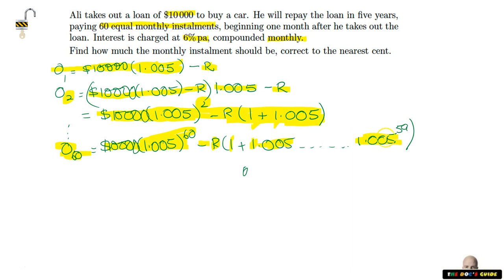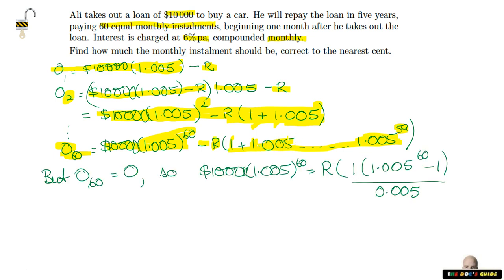This represents our first repayment, which has been effectively attracting interest for 59 months, 59 periods. So what this represents in here is the sum of a GP with 60 terms. Remember this number here was 1 when this number was 2, so it's always 1 less than this one here. So this GP has actually 60 terms. A is 1, R is 1.005.